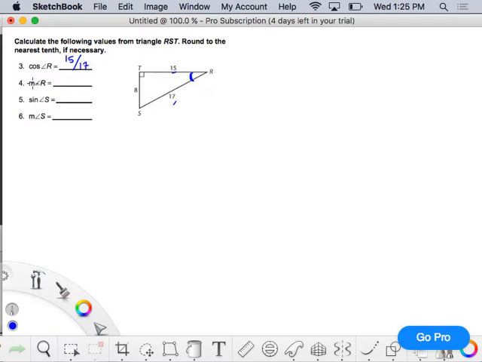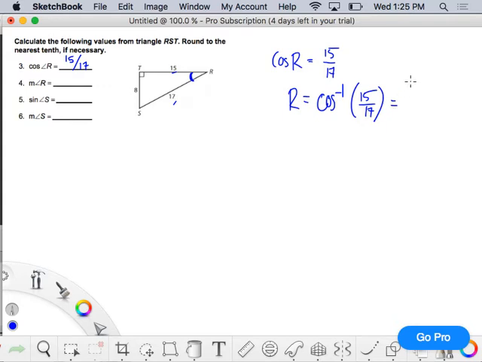The next thing it asks is the measurement of the angle R. Well, if cosine of R equals 15 over 17, then R equals what, class? Inverse cosine of 15 over 17. Does that make sense?